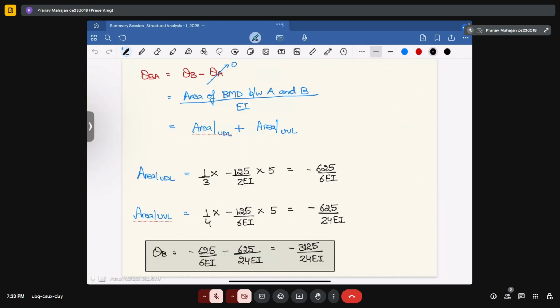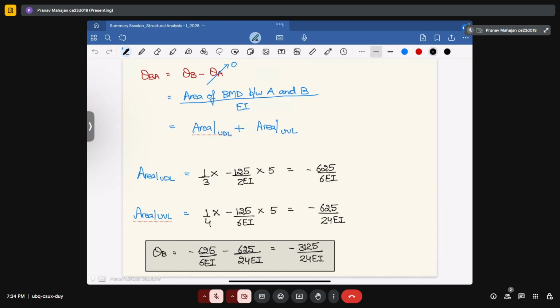Now you are expecting to calculate theta B, and you are calculating theta B with respect to A. At point A, theta A is 0. So the area of the bending moment diagram between A and B divided by EI will give you the slope of B with respect to A. You can divide it further into the area with respect to UDL plus the area with respect to the uniformly varying load.